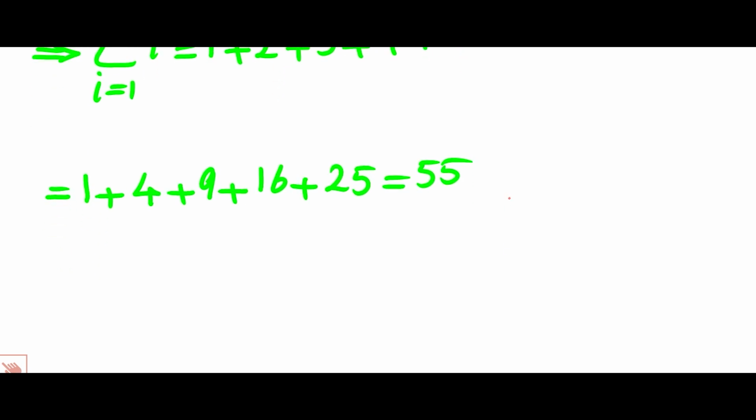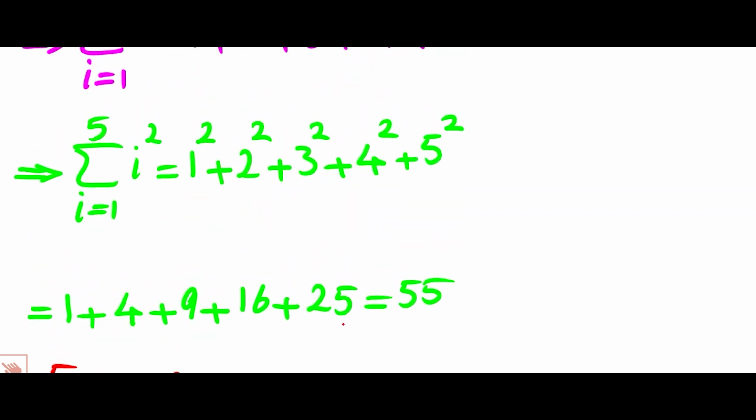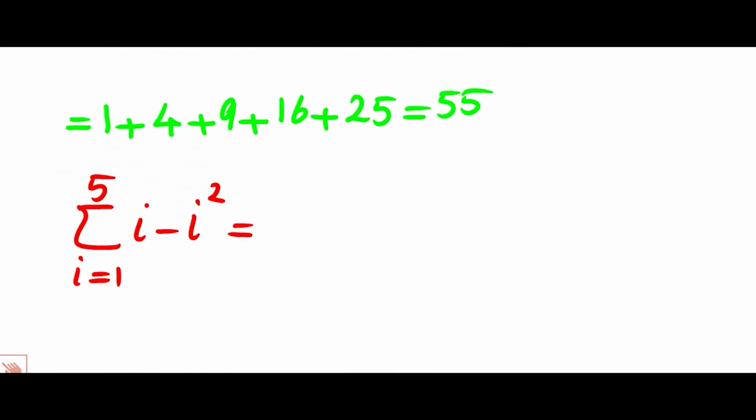So the final answer: the sum of i minus i squared from i equals 1 to 5 equals 15 minus 55 equals negative 40.